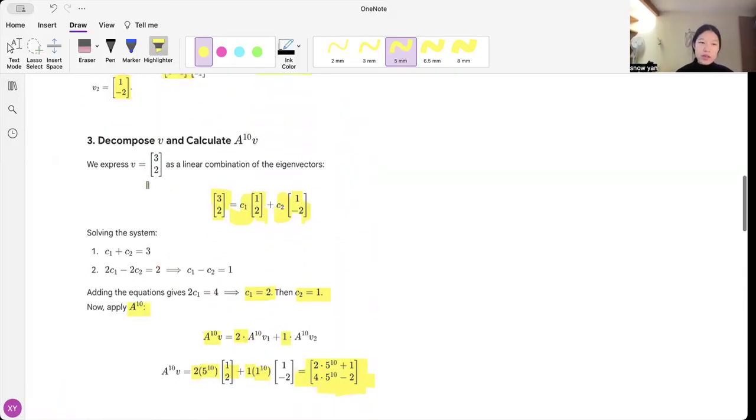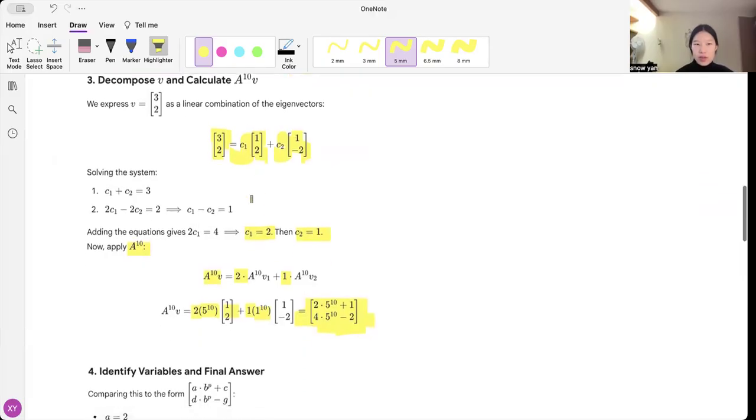I think the difficulty in this approach is just thinking of how to split V into a linear combination of the eigenvectors, but I guess this practice is also pretty standardized. And once you split it up, then it's just combining the coefficient, the eigenvalue, and the vector.